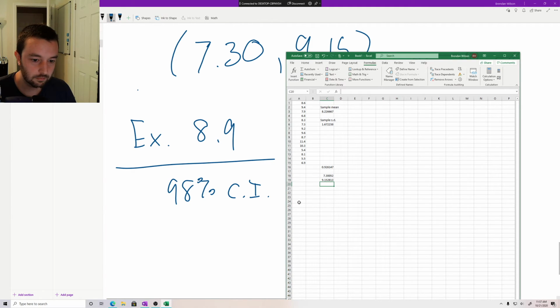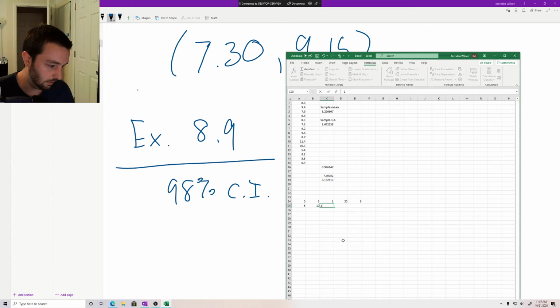Okay. So we'll move down here. I'll just put the table exactly how they have it written in this order. I'll just put it right into Excel. Okay, 5, 10, 1, 10, 4.